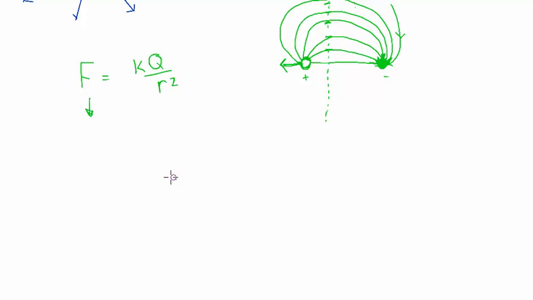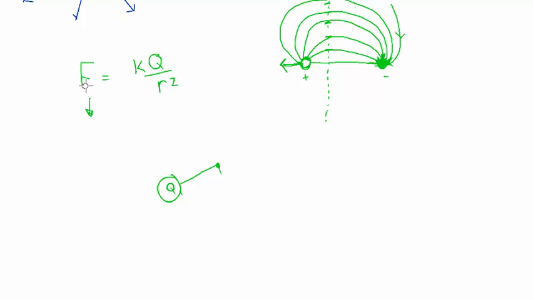So if I have a charge Q here, and I have a unit charge here, how much force will it experience at that point? I can see it then depends on how far it is away from the charge.